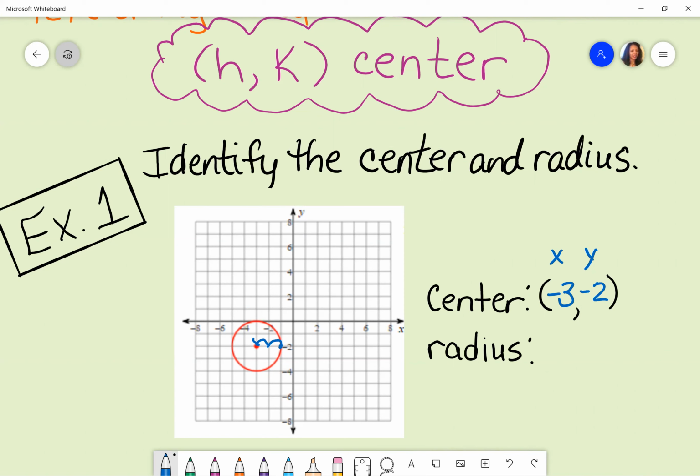If I'm going up, 1, 2, I still hit the edge of the circle. So I really don't have to do it to the left and right, up and down. Based off of counting units, my radius is going to be 2.